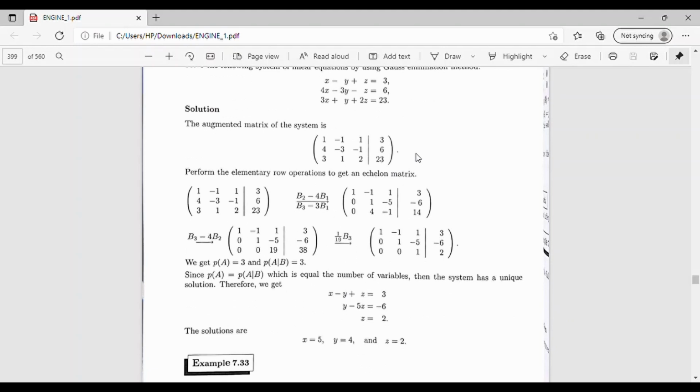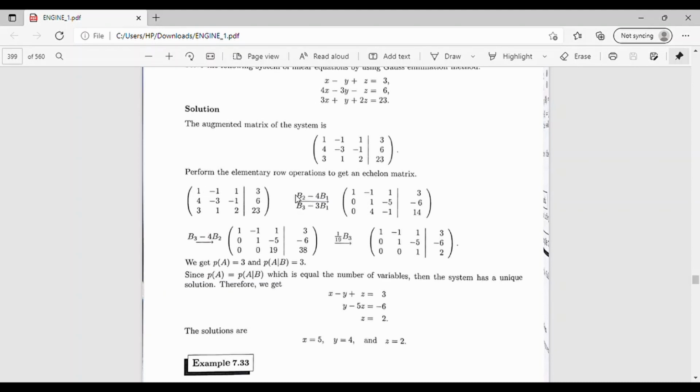So what we do is perform the elementary row operations to get an identity matrix. So what we're going to do is to match this 4 and 3 to 0. Firstly, we use an equation for row 2, which is row 2 minus 4 times row 1.